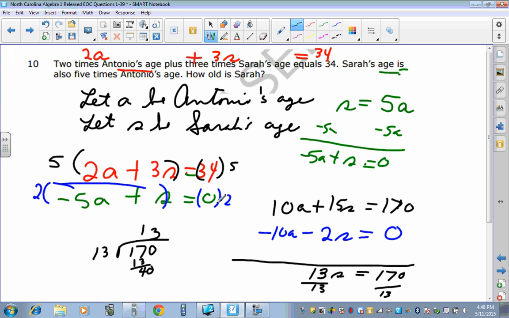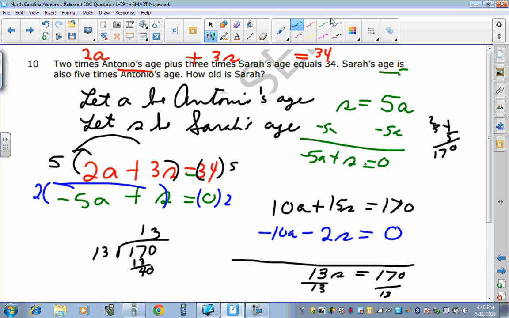Let's see, 2 times Antonio's age plus 3 times Sarah's age equals 34. That's right. Sarah's age is also 5 times Antonio's age. So that would be 10A plus 15S, and 5 times 34 is 170. Then this one we multiply by 2, that gives you negative 10A.